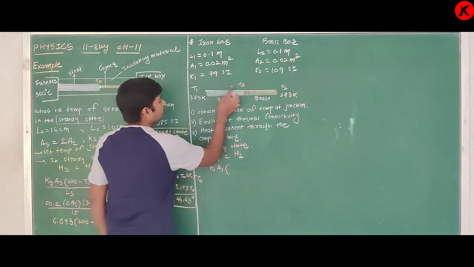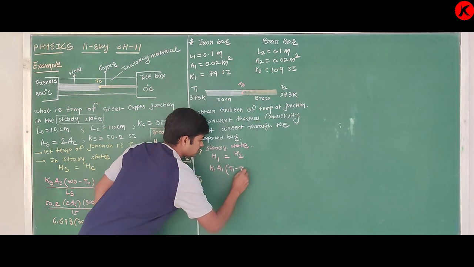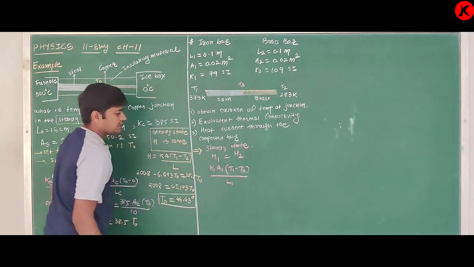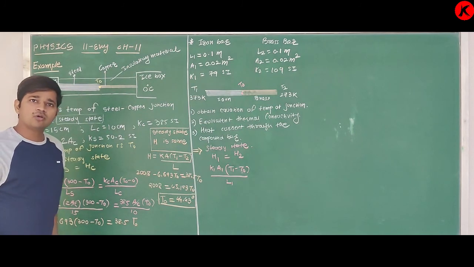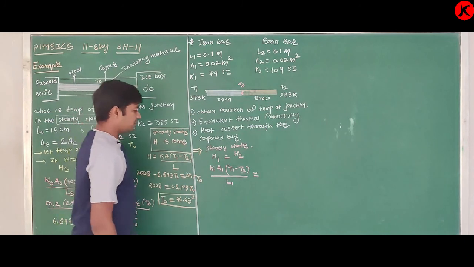So H1 is K1 A1 times T1 minus T0 divided by L1. Any doubt? This is equal to H2. What is the equation of H2?